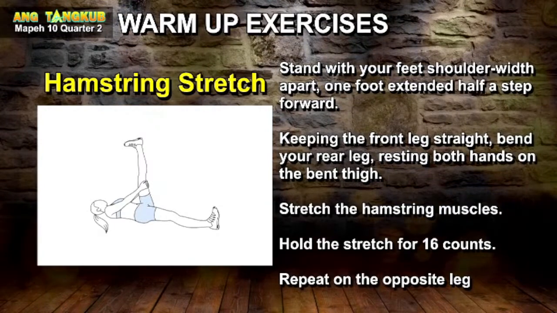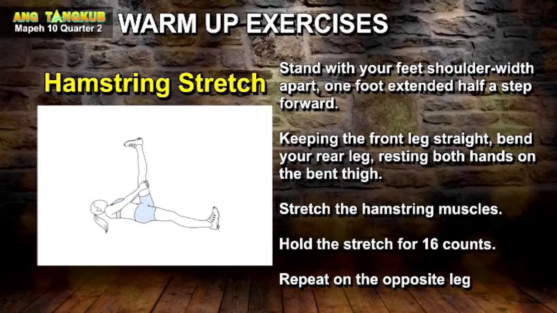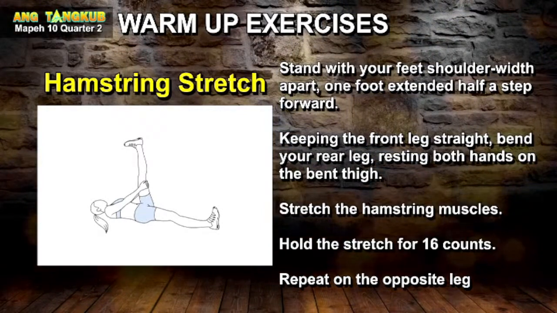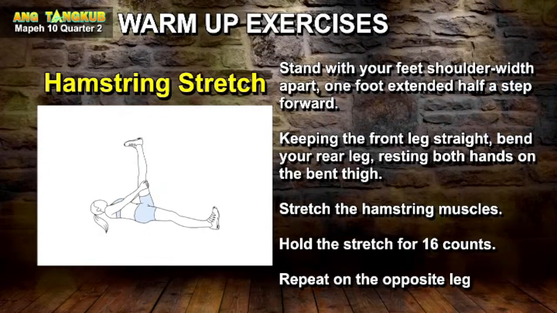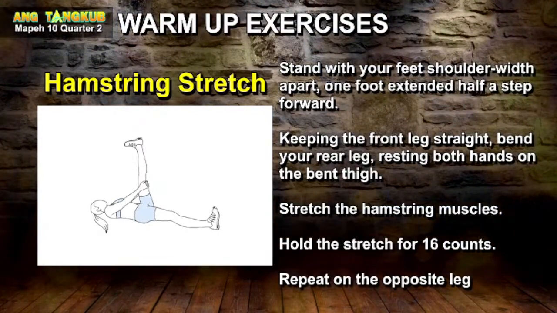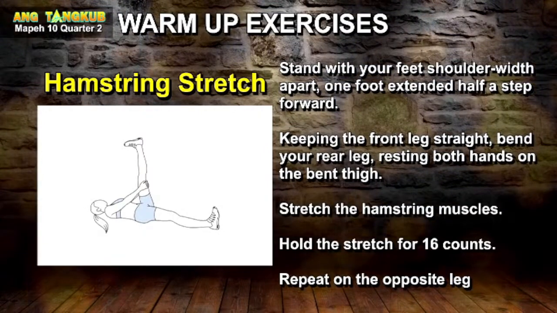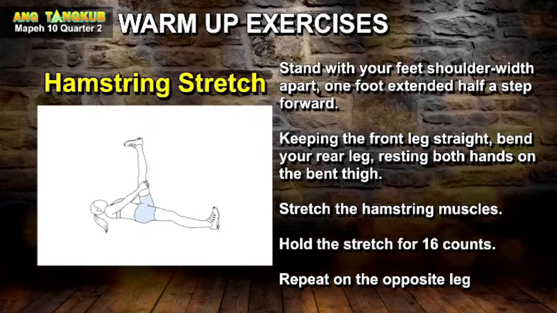Hamstring stretch. Stand with your feet shoulder width apart, one foot extended half a step forward, keeping the front leg straight. Bend your rear leg, resting both hands on the bent thigh. Stretch the hamstring muscles. Hold the stretch for 16 counts.